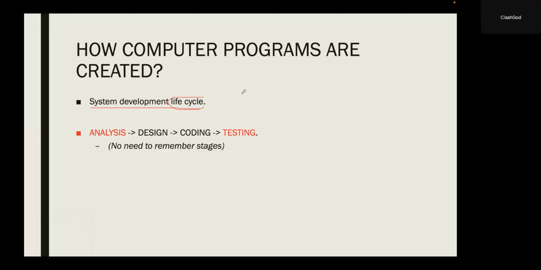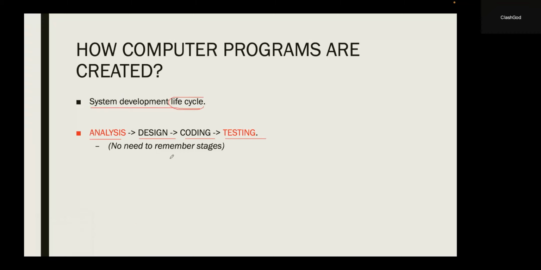It is basically a cycle with different stages. You go through each stage, and at the end of this life cycle, you create a computer program. So there are 4 stages in this system development life cycle: analysis, design, coding, and testing.